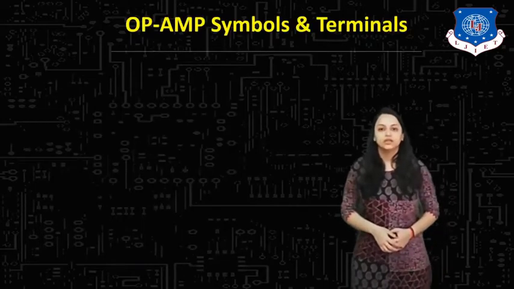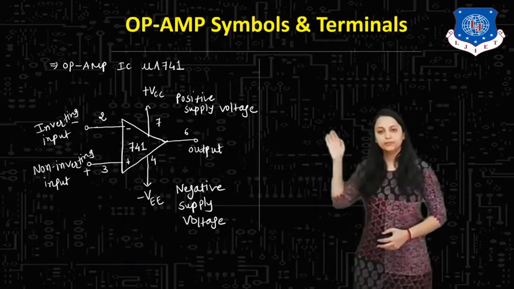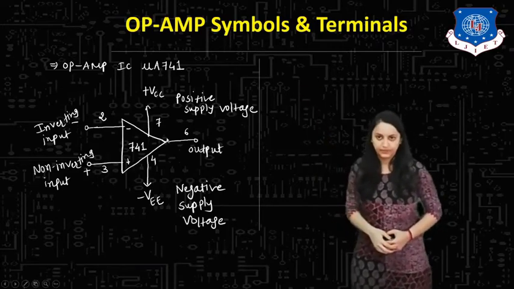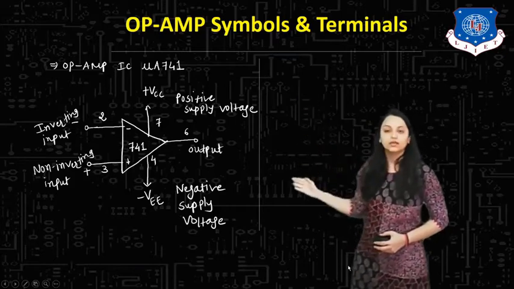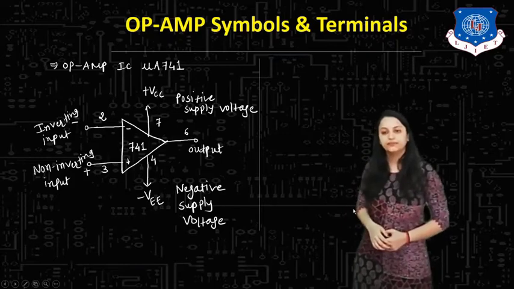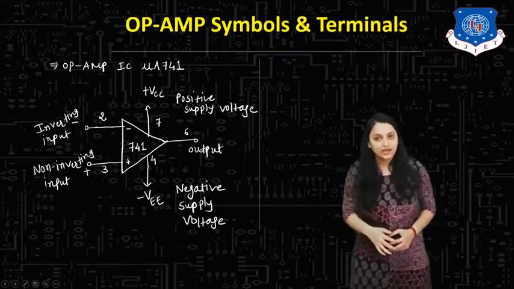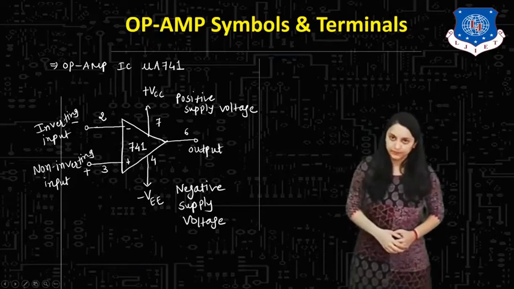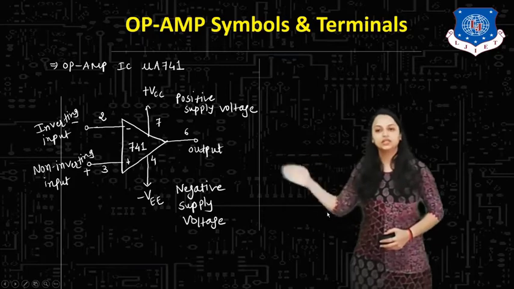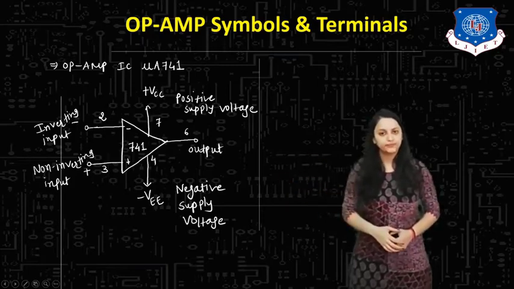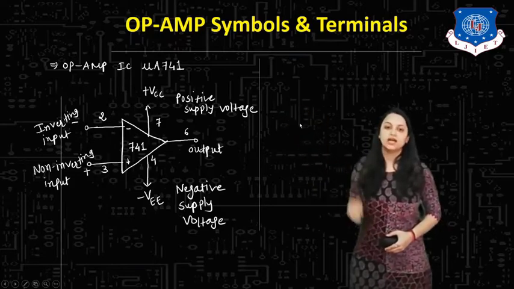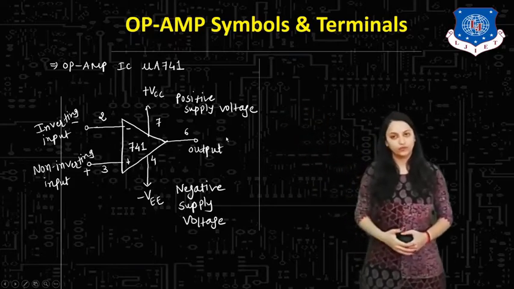Now let us see the Op-Amp symbol and terminals related to IC741. Here the IC741 Op-Amp symbol and its terminals are indicated. There are two input terminals: at pin number 2 we have the inverting input, at pin number 3 we have the non-inverting input, and pin number 7 has the VCC, that is the supply voltage.